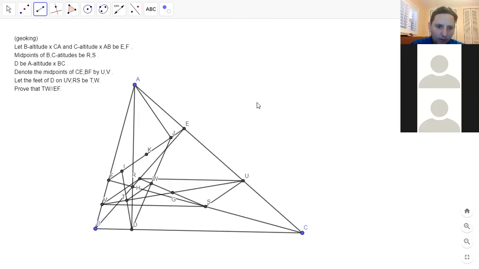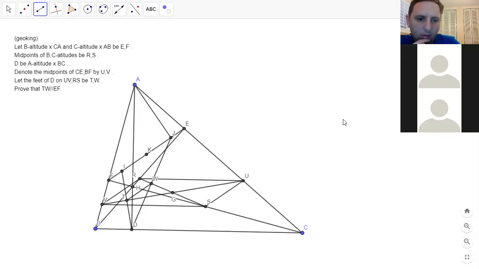So we know W is the midpoint of DJ. How did we prove that W is the midpoint of DJ? Oh, we haven't, but it's true.